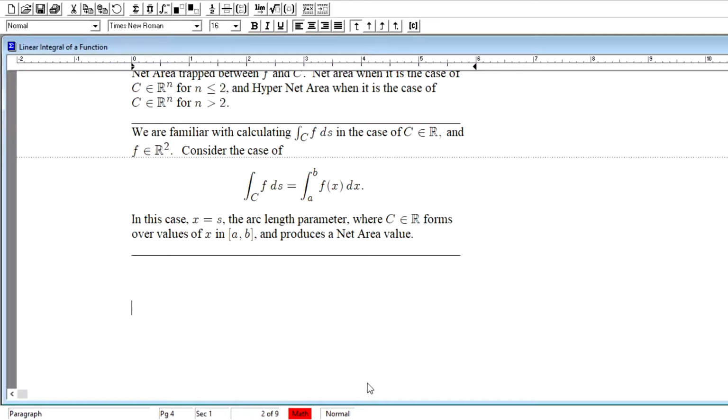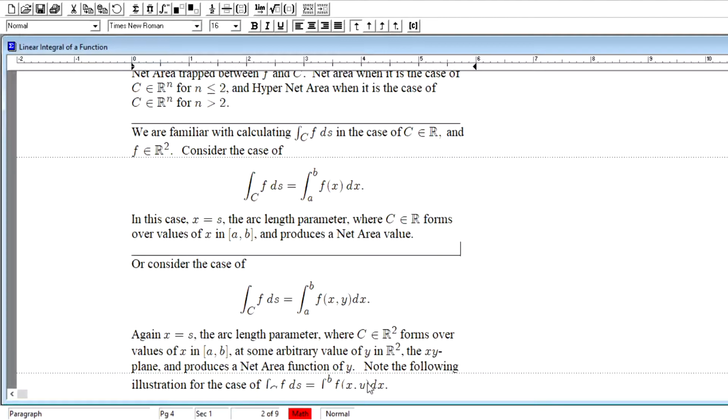Now, if we took this a little further, though, and considered the case of this linear integral operator happening, given by the application of it on some multivariable function in 3-dimensional space, f of x comma y.